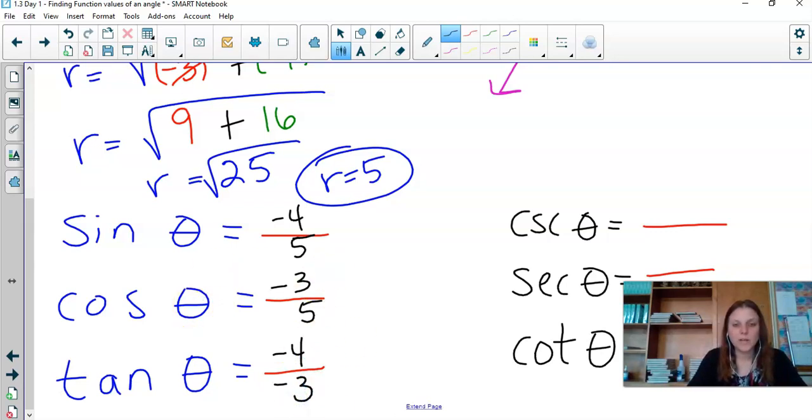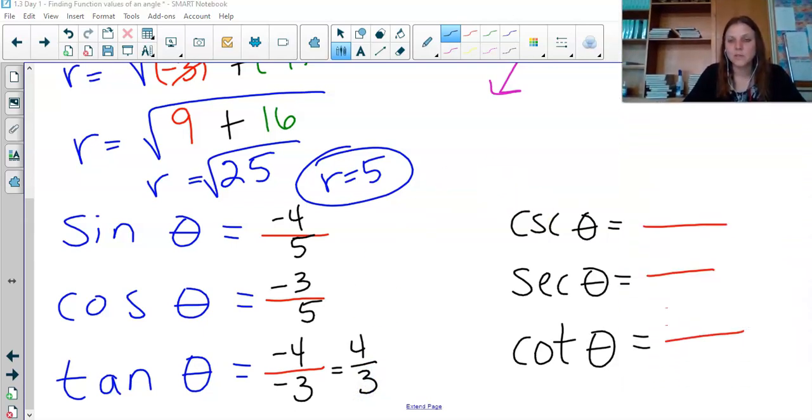There's one of these that we can simplify. That would be this one. A negative divided by a negative is actually a positive, so you can just write this as 4 over 3. Okay, now for the reciprocals, the other three are simply just the reciprocals. So what I tell people is cover up the negative, flip it over, and then put the negative back in front.